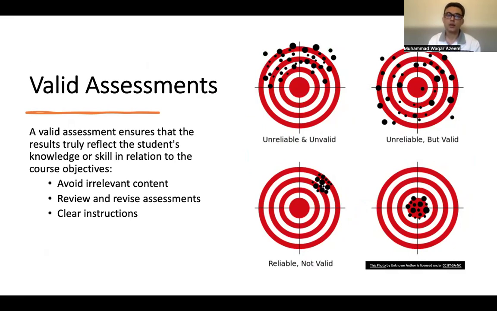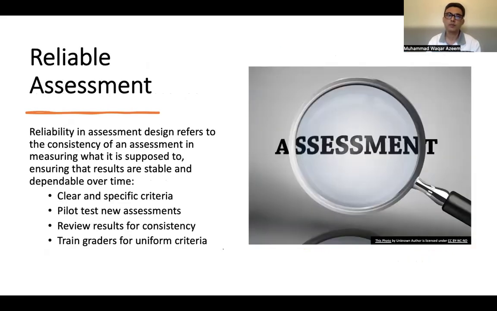So in order to make our assessment valid, we should make sure that we are avoiding irrelevant content, which means we are not trying to assess what is not taught as such or what is not included in the learning outcomes. We should also continue to review and revise our assessments. And finally, our instructions for the assessment should be very clear and transparent for the students to understand.